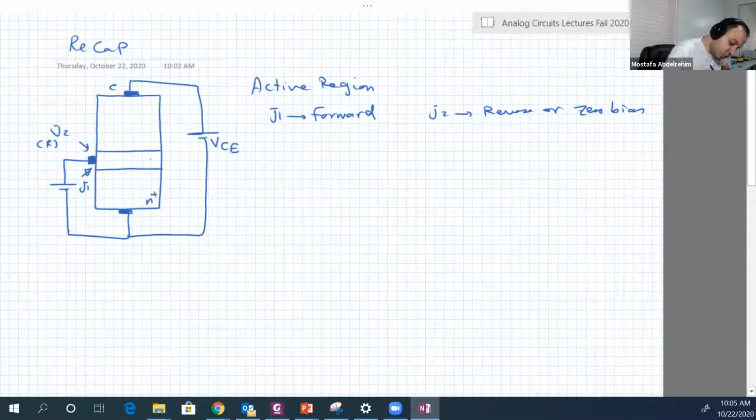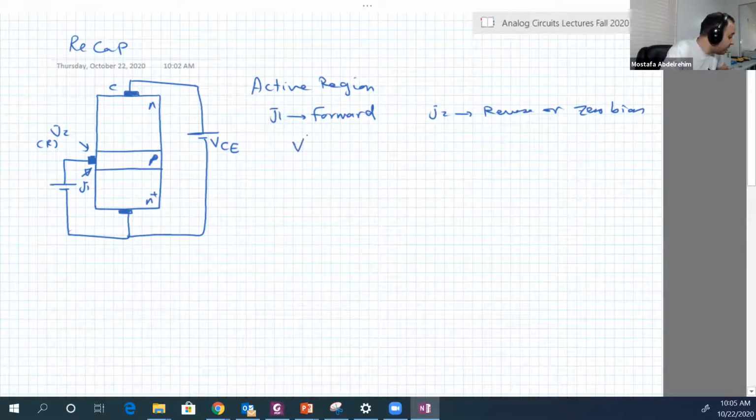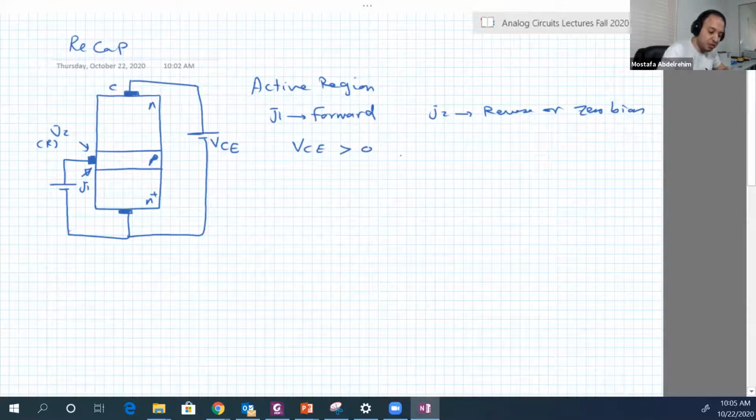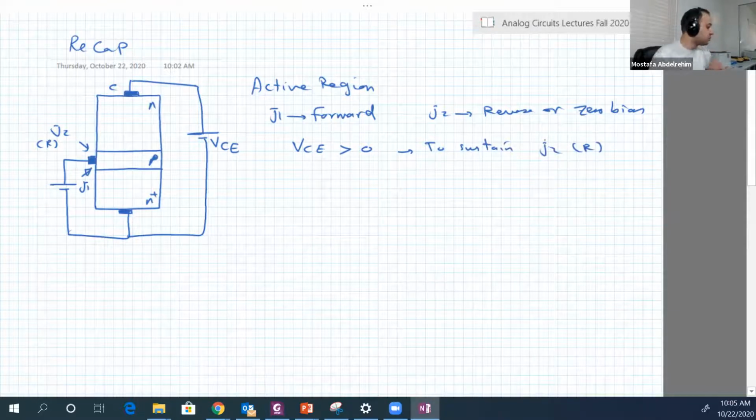Here the doping is heavily doped. Here is normal doping and also normal doping for the collector. And we say that to sustain J2 in reverse and J1 in forward, there was a condition that VCE should be greater than 0, to sustain J2 reverse.